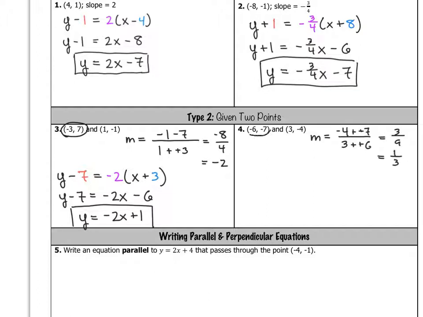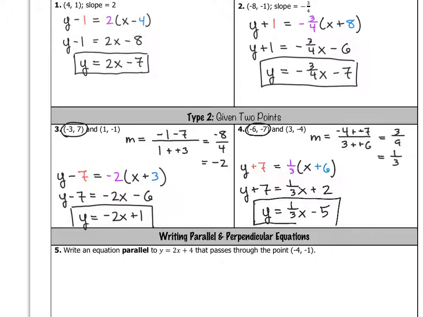So choosing this point here, this is y plus 7 equals 1/3 times the quantity x plus 6. If I distribute 1/3, I get 1/3 x plus 2. And then subtracting 7 from both sides, y equals 1/3 x minus 5.